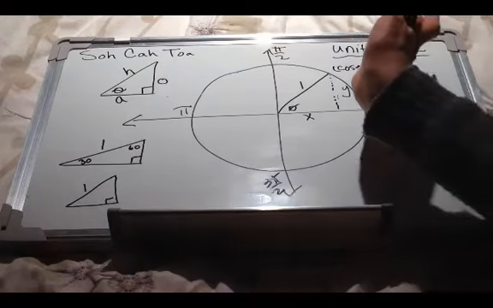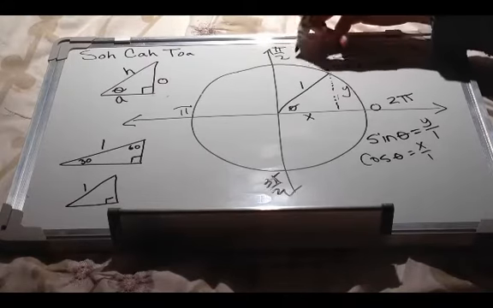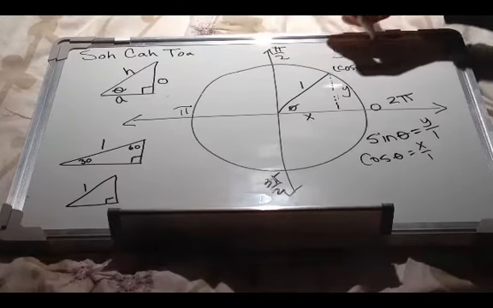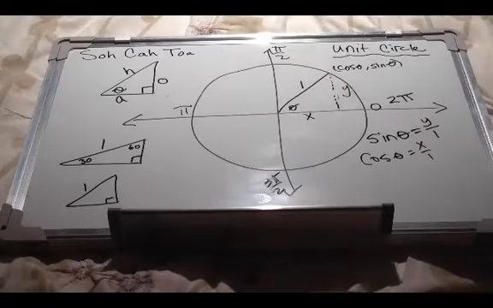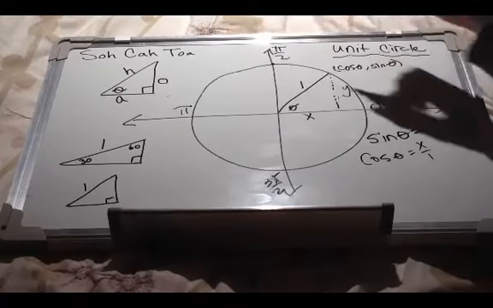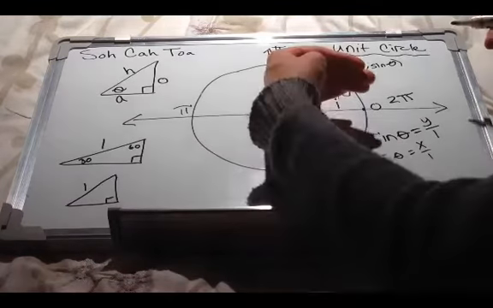And also, as we move up, I can find, for instance, cosine of pi over 2 or sine of pi over 2. As we come up here, that's just tied to the x value and the y value. Over here, if I start from this point, the x would be the radius and y would be 0 on the x-axis.